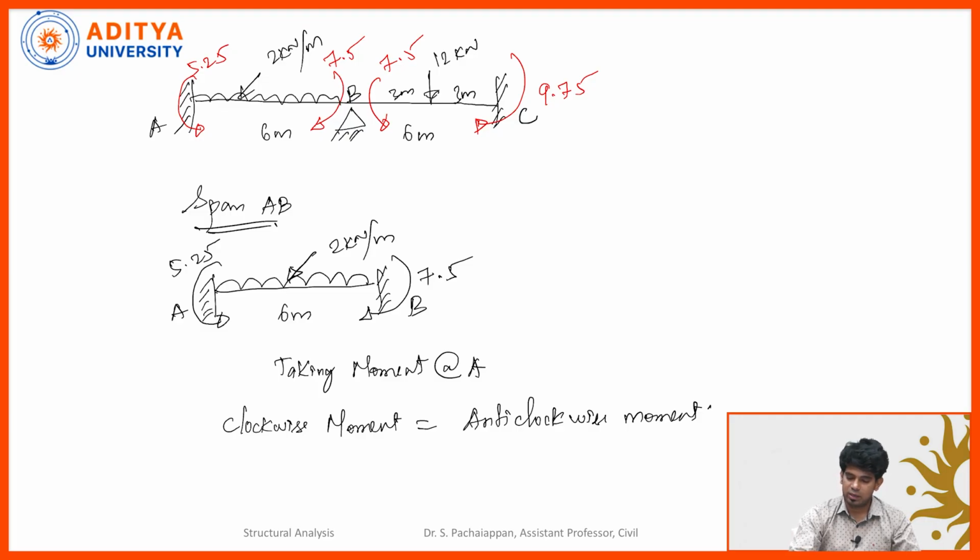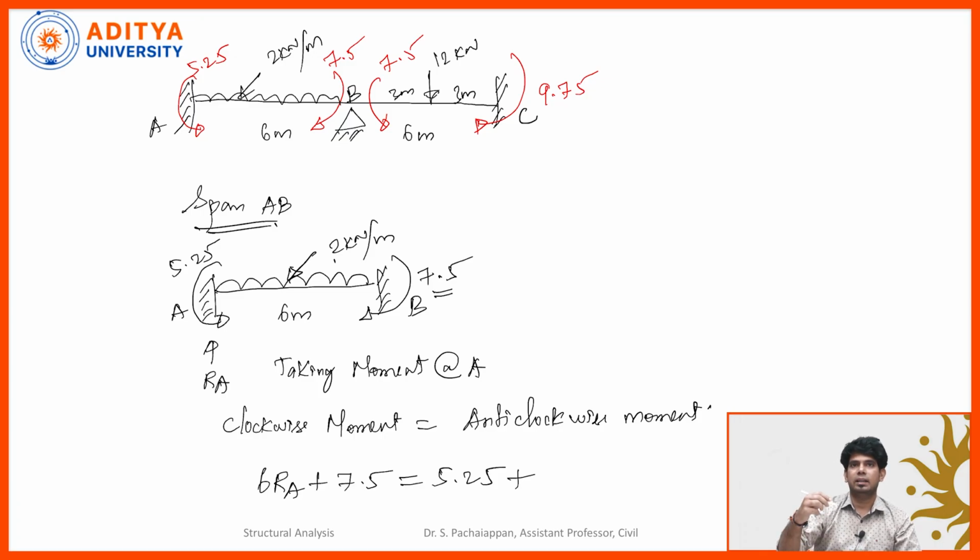The clockwise moment will have the reaction RA. So RA multiplied by 6 is rotating in a clockwise direction, so 6 times RA, and this 7.5 is also rotating clockwise, so plus 7.5 equals, what are the anti-clockwise? 5.25 is anti-clockwise, and then the load.